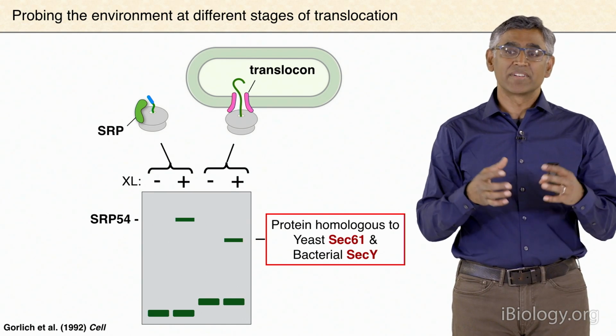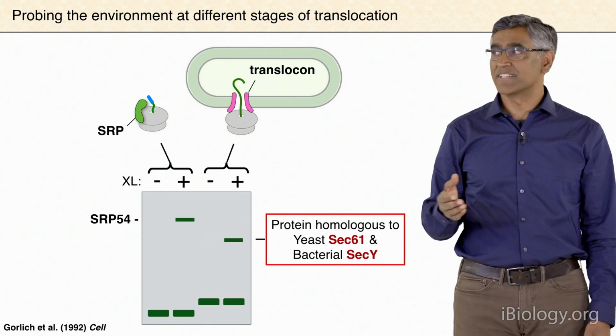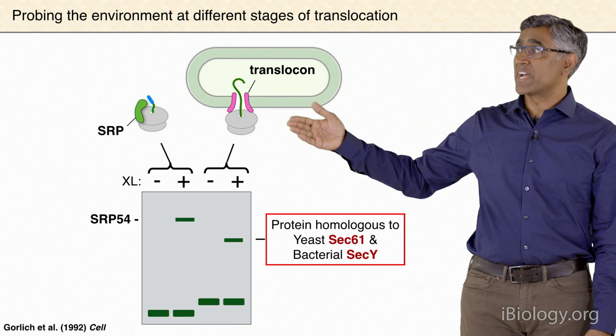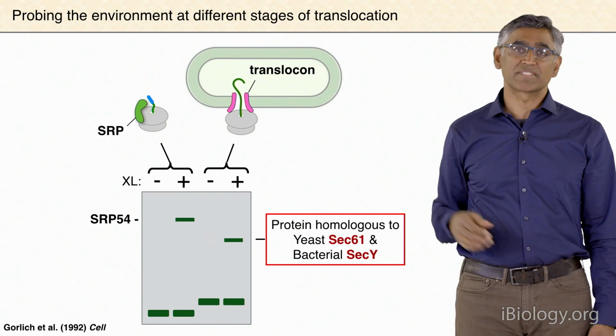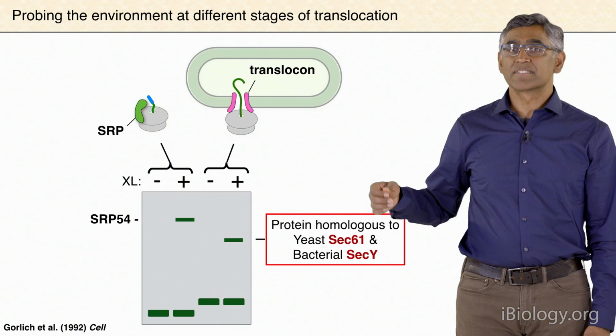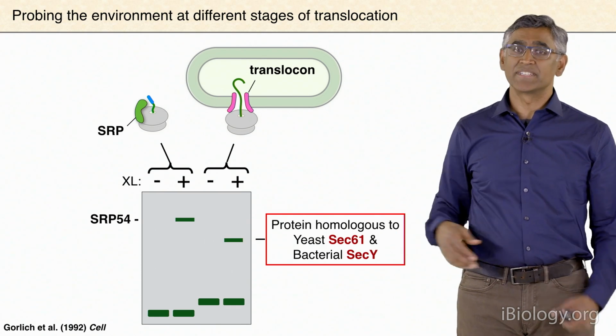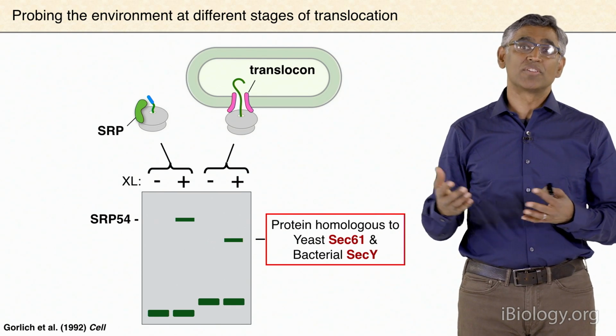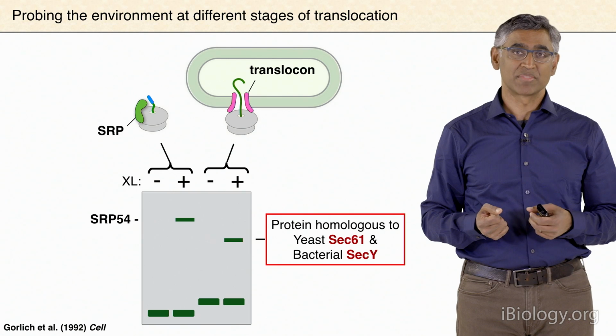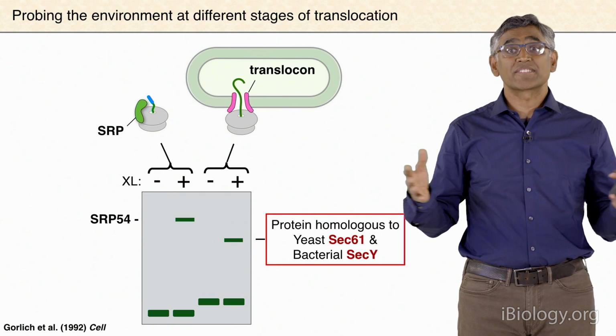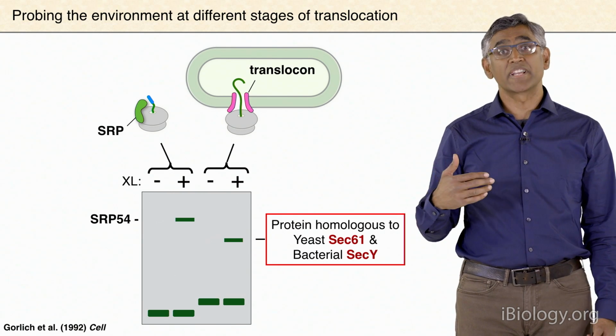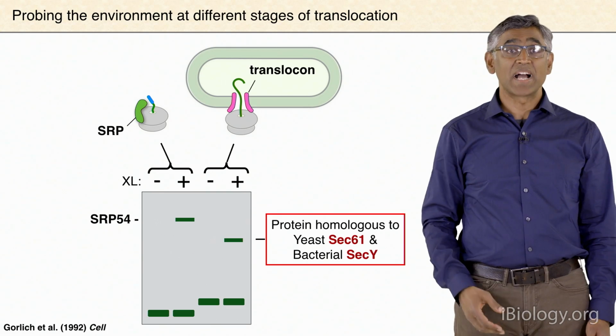That was very satisfying because it suggested that a component that biochemically seems to be involved in translocation is concordant with what's genetically identified as genes involved in secretion in microbial systems. And that suggested that this pathway of getting proteins across a membrane is highly conserved across all organisms.